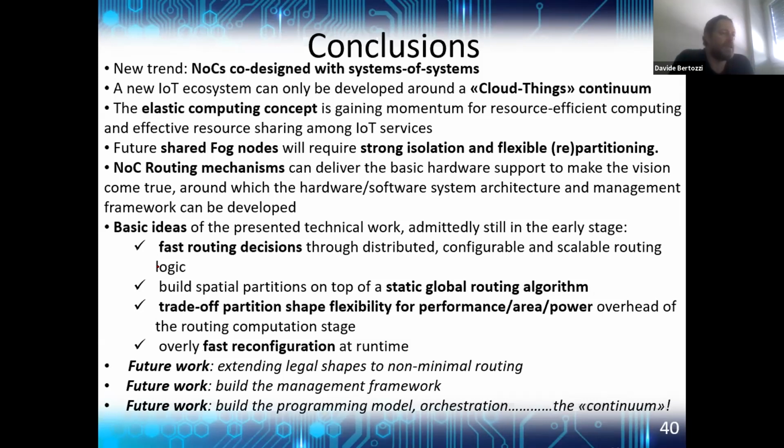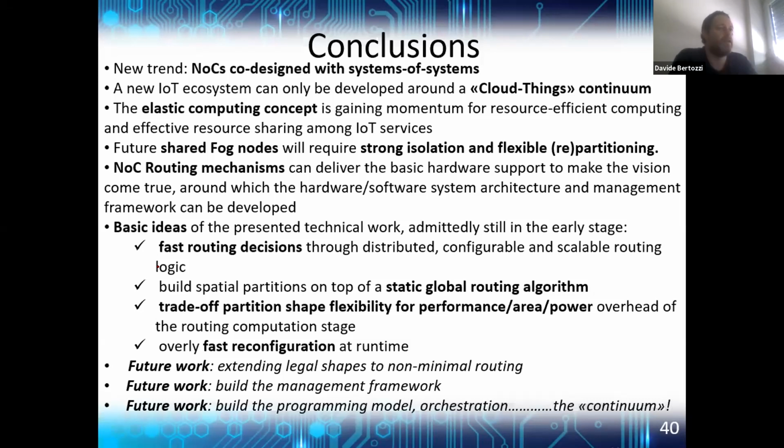The basic idea is to avoid table-based routing, which is mainstream in off-chip interconnection networks and also in many on-chip interconnection networks, and to use distributed routing logic, which pays a trade-off between fast routing computation and flexibility. It has some flexibility limitations. Still, all the partition shapes that imply minimal path routing on the baseline 2D mesh are legal.